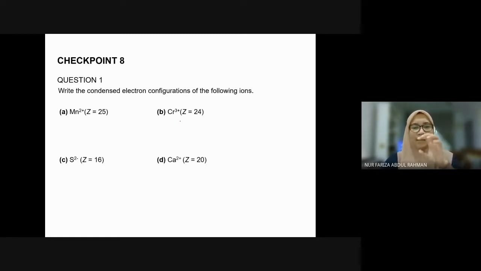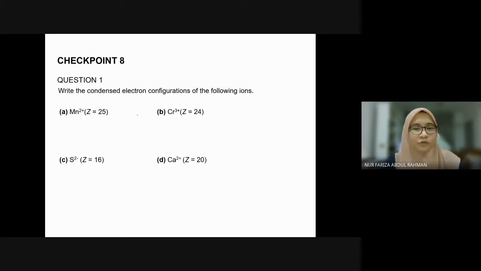Baru boleh kita imagine, oh the electron ni kena buang dekat mana. Kena buang from 4s or 3d, or maybe we have main group element, that means kita kena buang dekat s ke ataupun p. Okay, so in order to get a clear view on that, it's best for you to start with the electronic configuration of the atom itself.